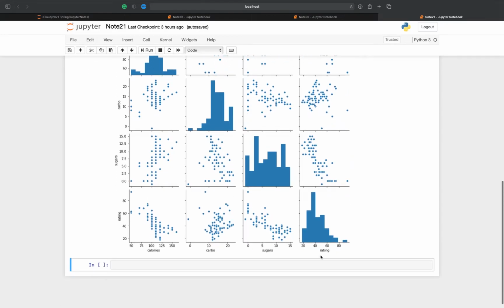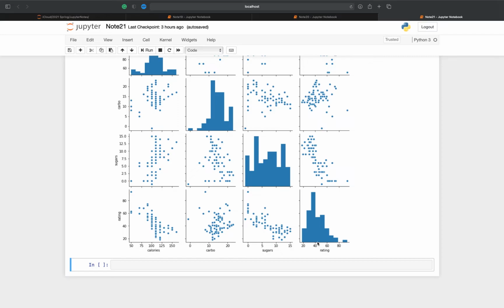Then what happens here, for example, rating. The rating is right skewed, the histogram of rating. So this means the majority of cereals in our data set have a rating below 40, right? Or what was the average of rating? The majority are below a certain point, like let's say the center or mean of rating.